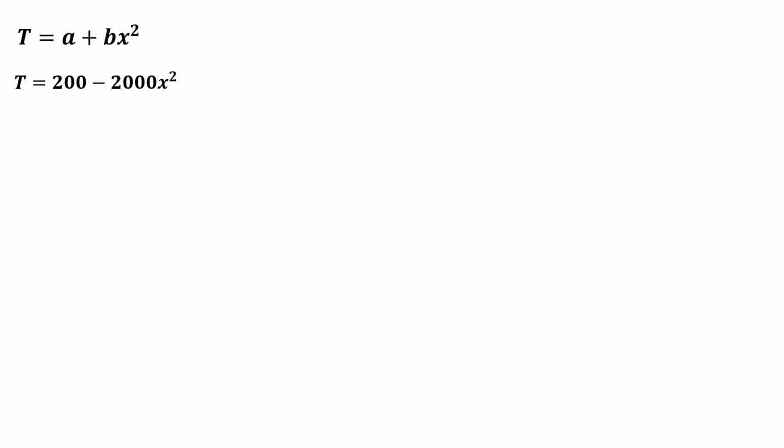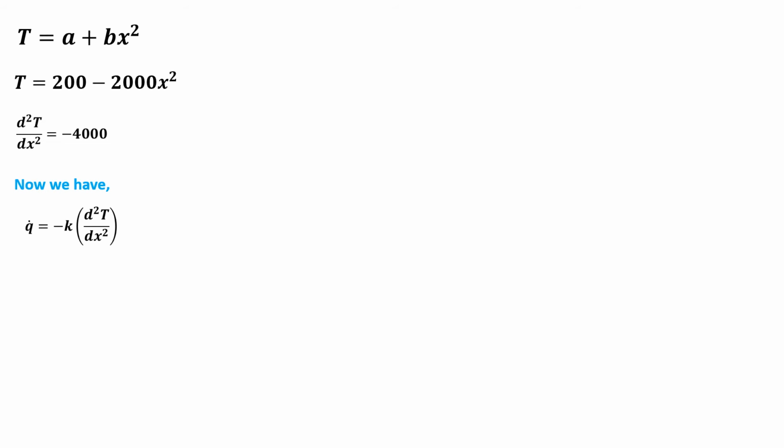A is 200 degrees centigrade and B is equal to minus 2000 degrees centigrade per meter square. So temperature distribution comes out to be 200 minus 2000 x square. Taking the double derivative of T with respect to x, it comes out to be minus 4000 degrees centigrade per meter square.